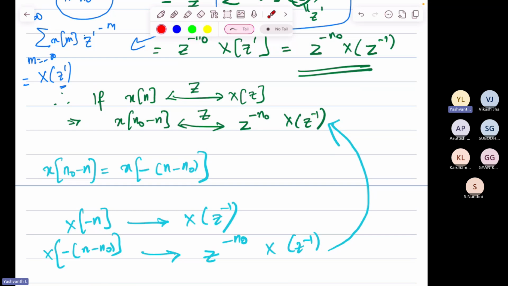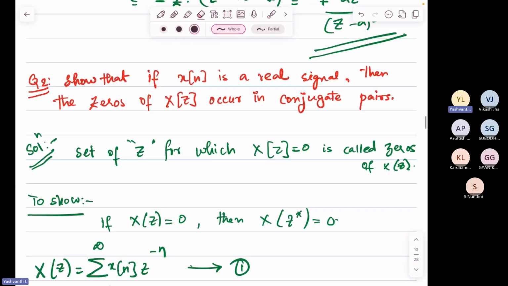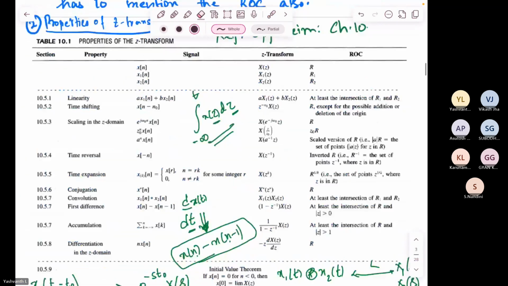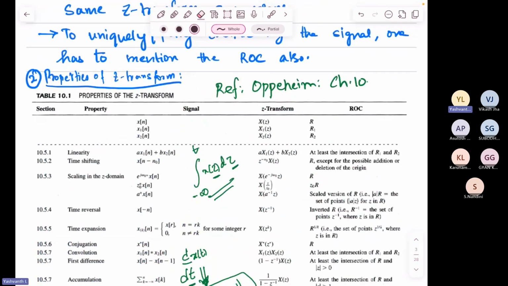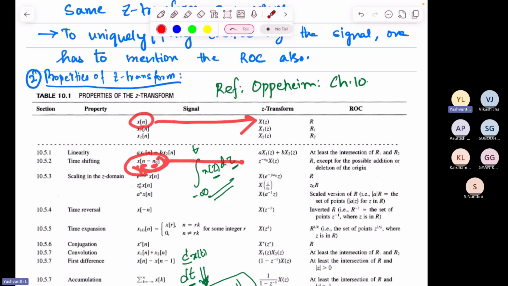See what happened actually, very simple. Let's go back to the properties of the z transform. What did we see here? If x of n has z transform x of z, then x of n minus n naught, see, n naught comes later, n comes first, will have the z transform z power minus n naught into x of z. But after this, I have also reversed the sign, right? I have reversed n minus n naught to become n naught minus n.